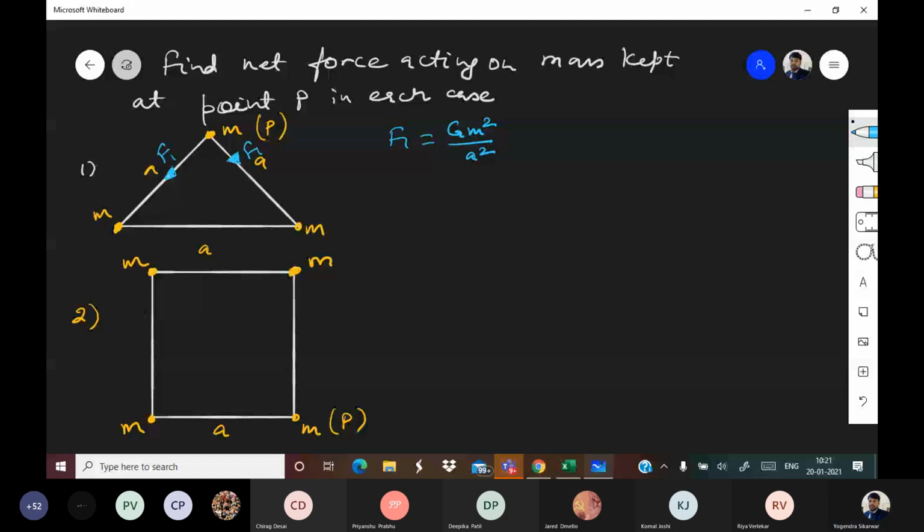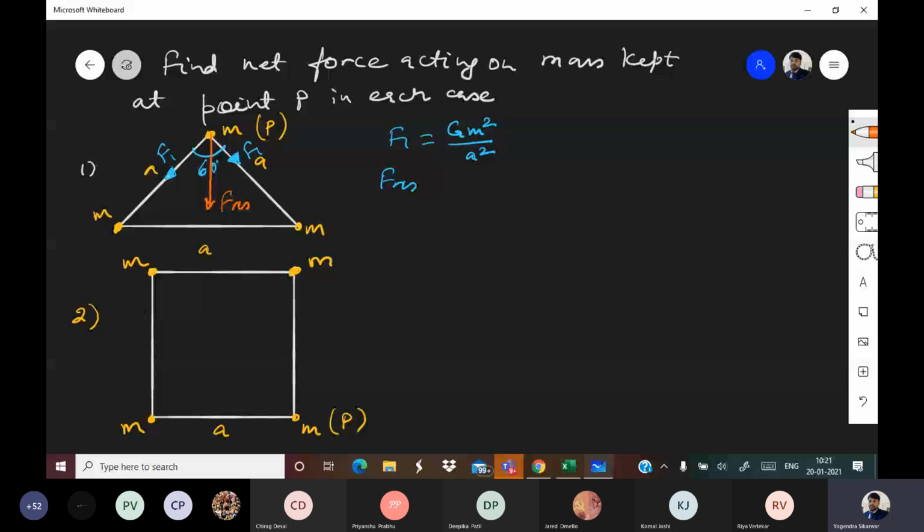If you see the angle between these two, that is 60 degree. So F resultant, and let me tell you the direction of F resultant. This will be your F resultant.